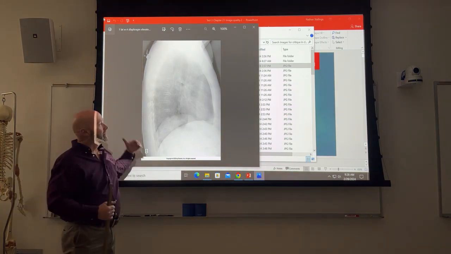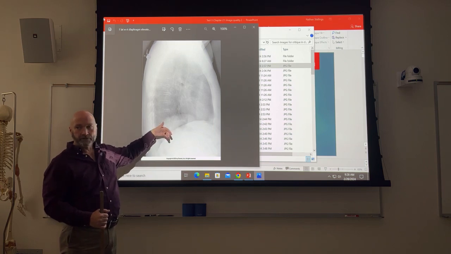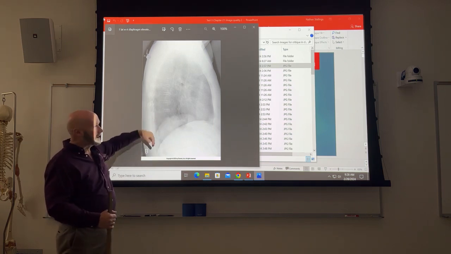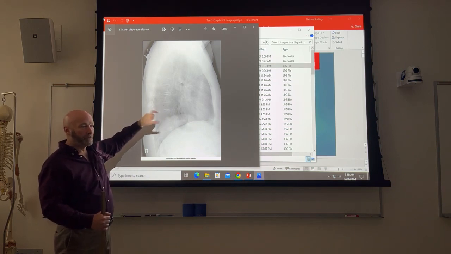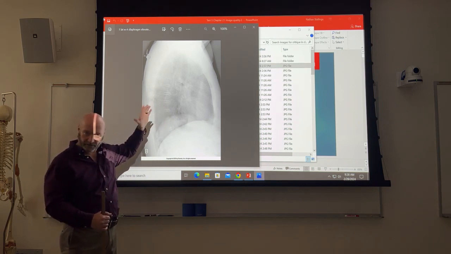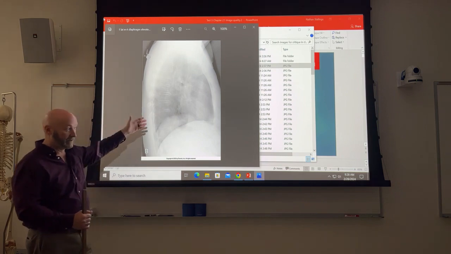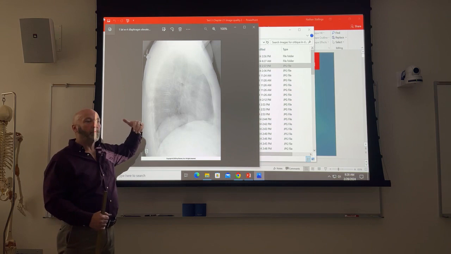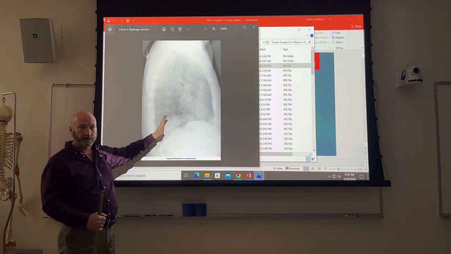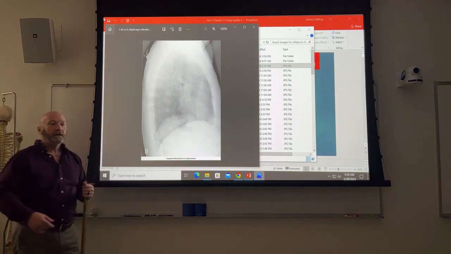It doesn't do that anymore. 70 KVP on a lateral chest x-ray on screens and films would look like a lateral T-spine, all right? But if you did that with a computer algorithm that says it's supposed to look like a lateral chest x-ray, it'll look like a lateral chest x-ray. Regardless of what KVP you used, it'd still come out looking like a lateral chest x-ray.